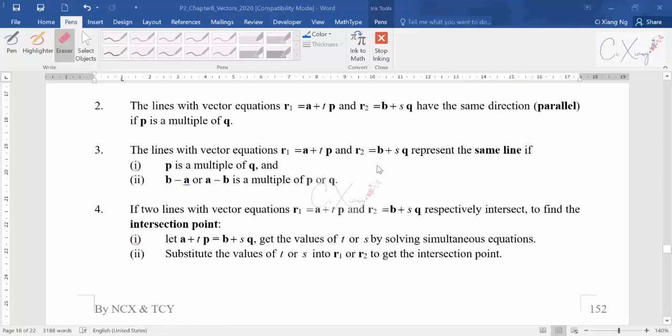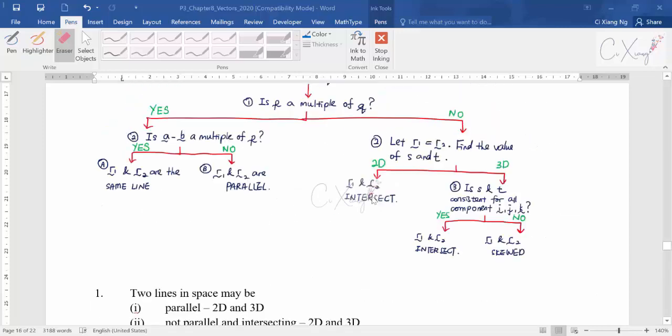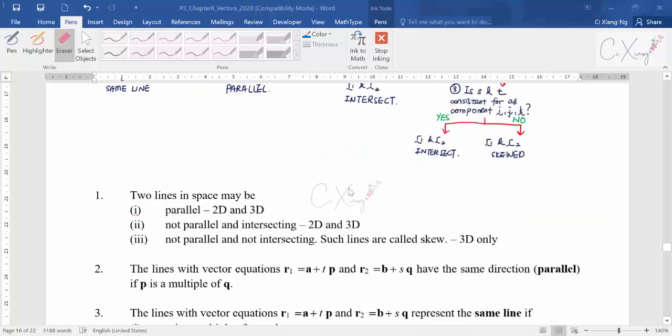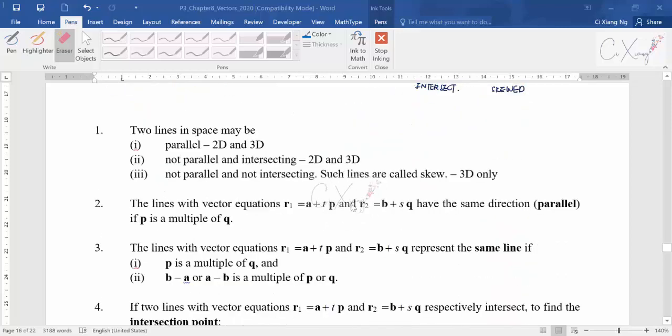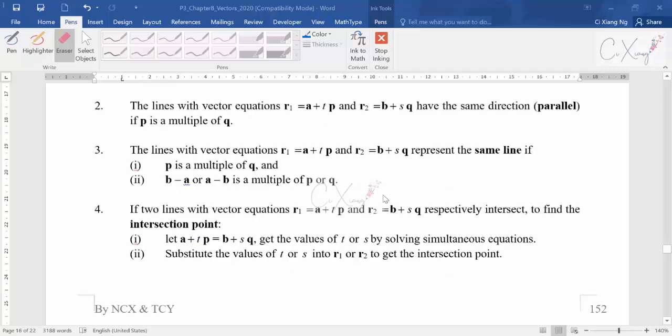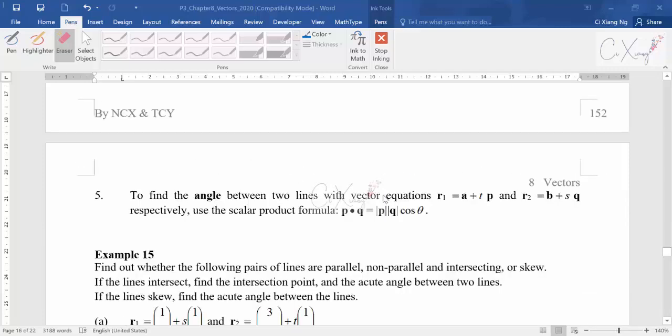In my opinion, the diagram is easier to understand than the explanation here. Just make sure that you know how to find the intersection point and also the angle, and how to determine the relationship between them. Okay, so let's continue.